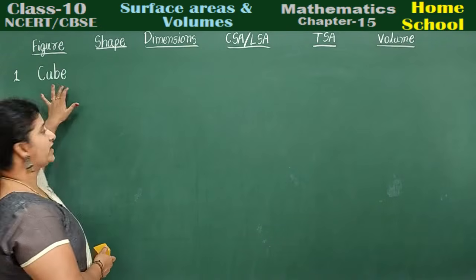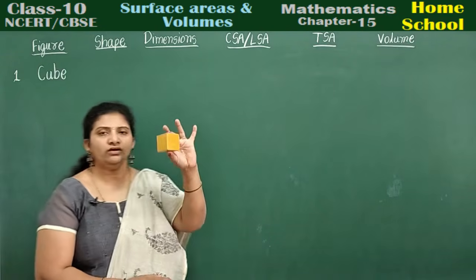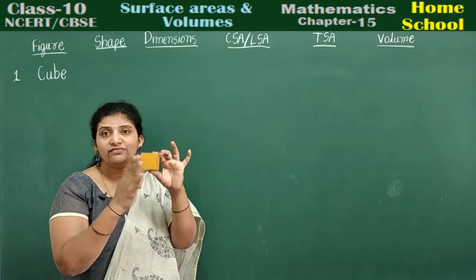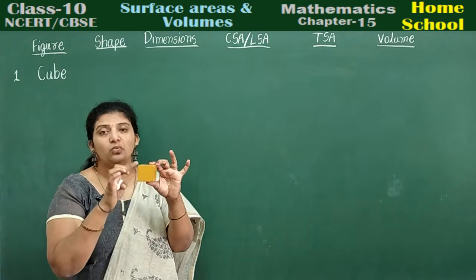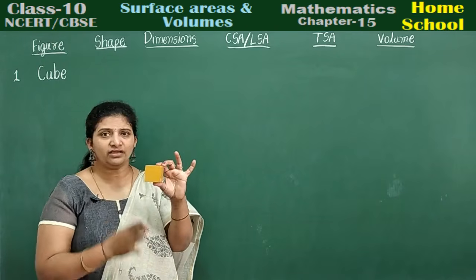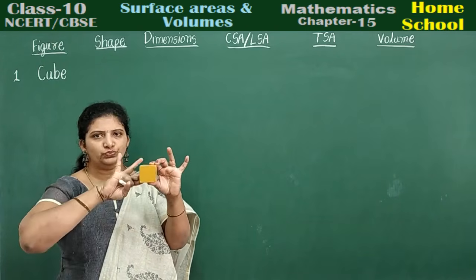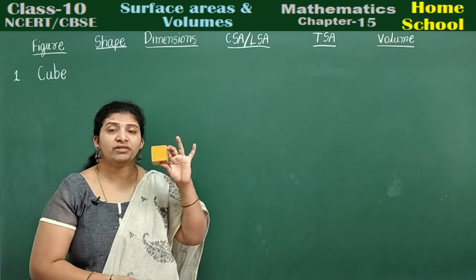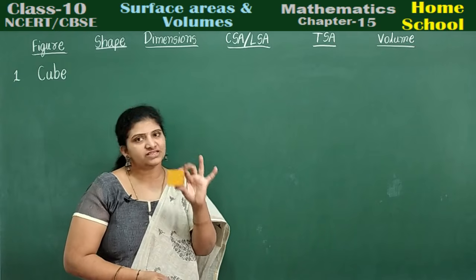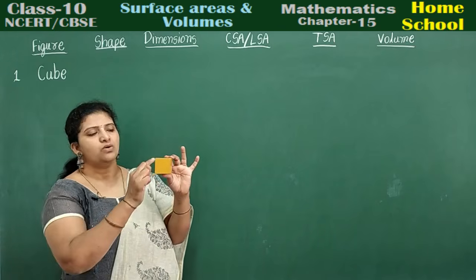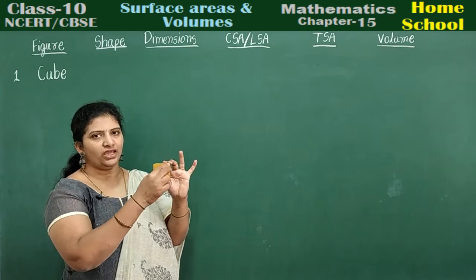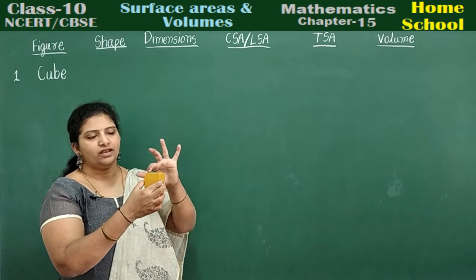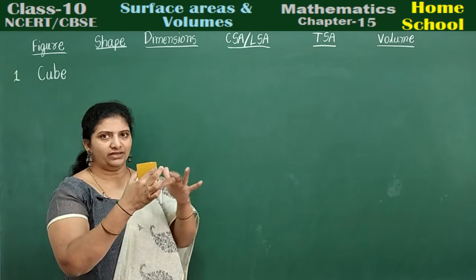Let's take the first figure, cube. Look here, this is a cube. What does it have? It has faces, edges, vertices. Let's start counting: 1, 2, 3, 4, 5, 6. How many faces does a cube have? 6 faces. How many edges? 1, 2, 3, up to 12.